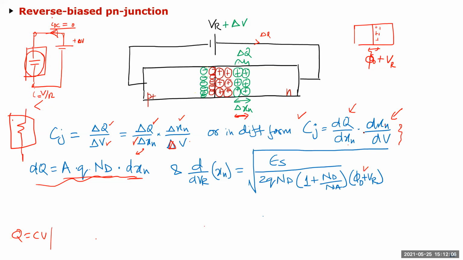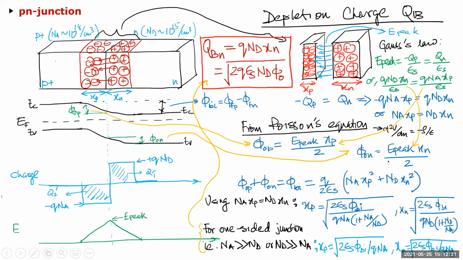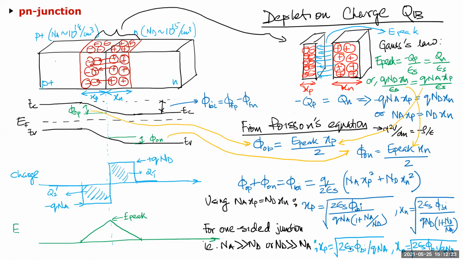And then I differentiated with respect to VR, and that's what I get here, because I'm interested in the delta L. So if I go back to the previous one here, if you remember, I had the expression for Xn as a function of this built-in potential. What I'm going to do is add this built-in potential plus the reverse bias voltage because it is in favor of that built-in potential.